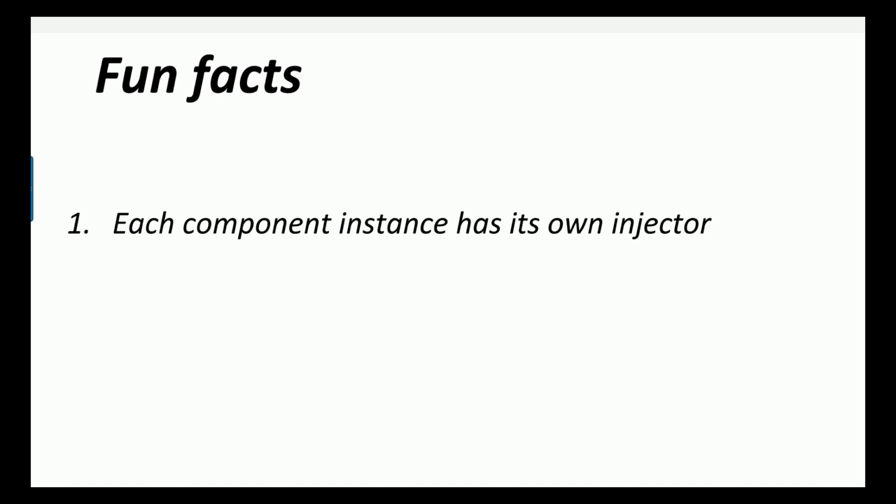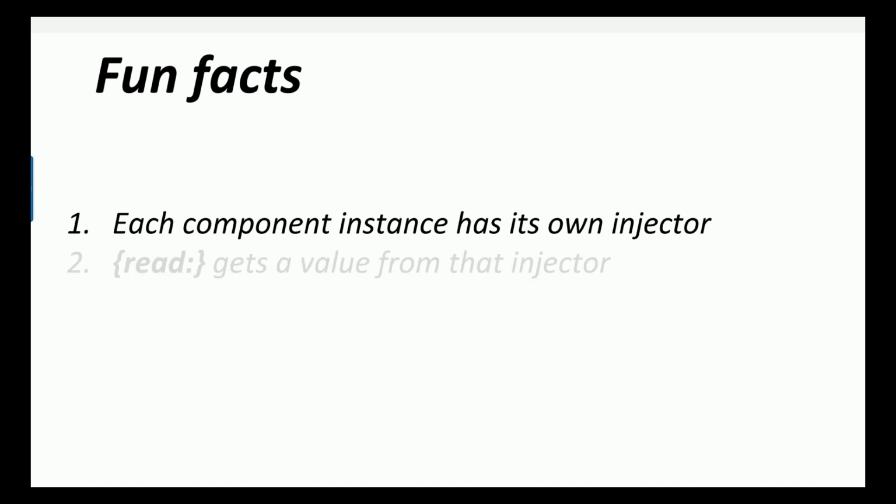So some fun facts. Every component instance has its own injector. We mentioned this at the top, but it's going to become important now. It's not a real injector because that would be inefficient. It's kind of a pseudo injector, but the way you interact with it is as if it were. From a dependency injection perspective, it's as if each component had its own injector.